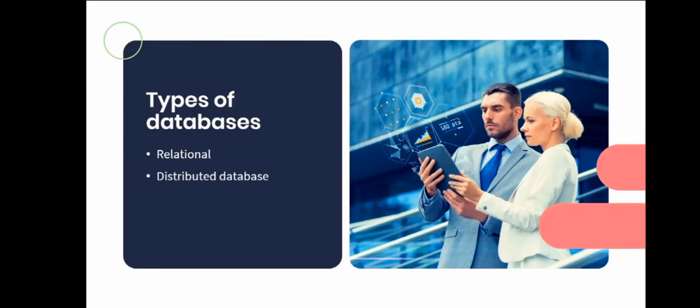Then we have a distributed database. A distributed database is a collection of multiple interconnected databases, which are spread physically across various locations that communicate via a computer network. And then we get the object-oriented database. An object-oriented database is a database that subscribes to a model with information represented by objects.